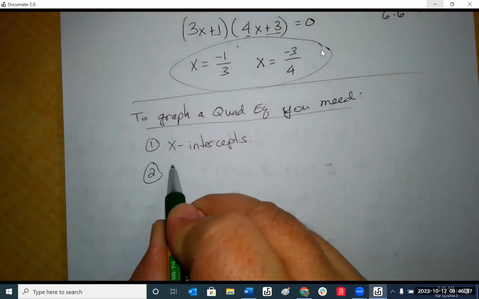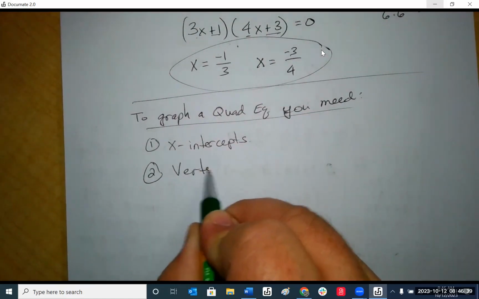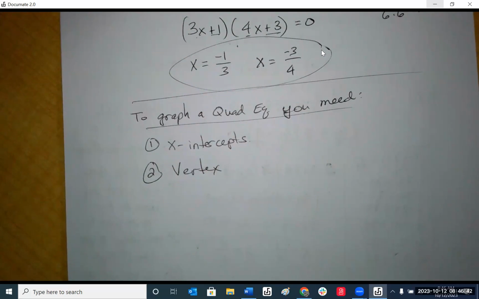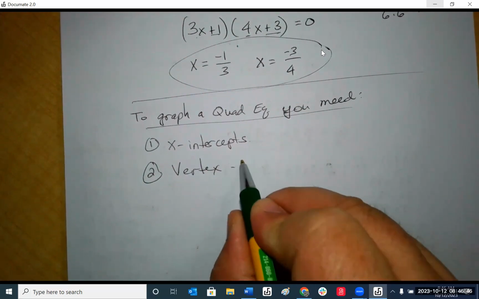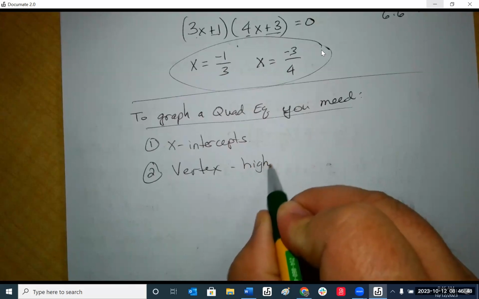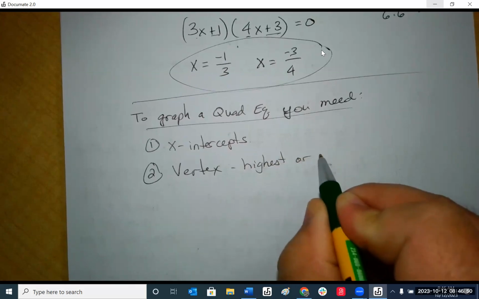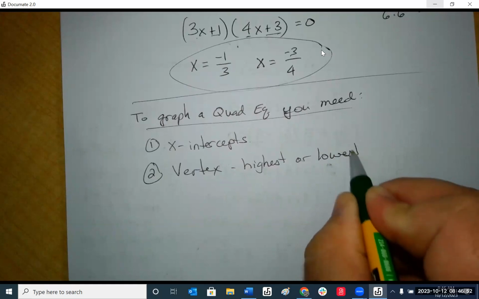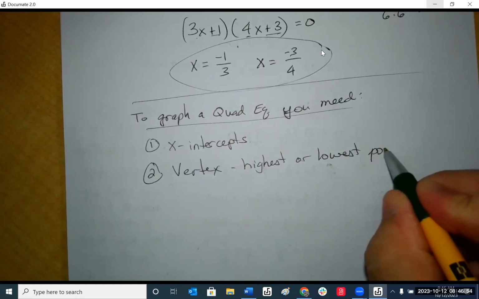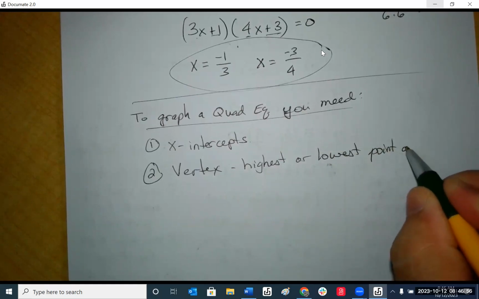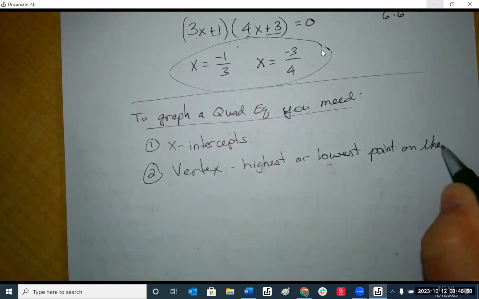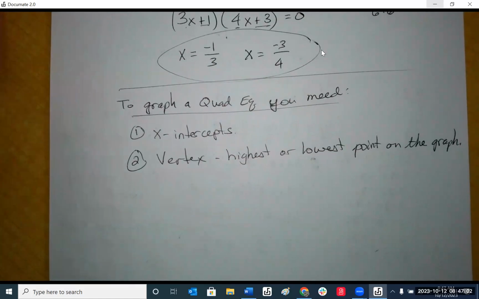And you need what's called the vertex. The vertex is the highest or lowest point on the graph. That's called the vertex.